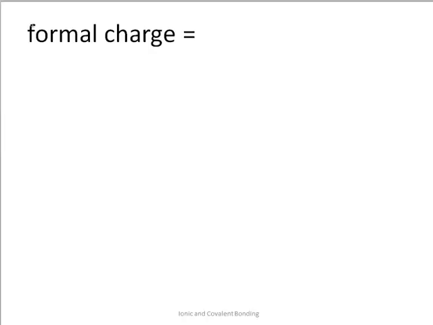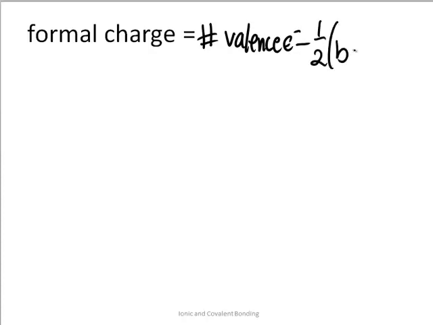And a formal charge is the number of valence electrons associated with each atom, minus 1/2 the bonding electrons, minus the non-bonding electrons. And if we do that, we'll actually be able to distinguish between structures of the sulfate polyatomic ion.